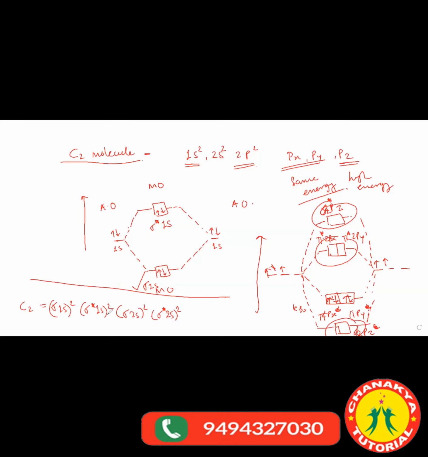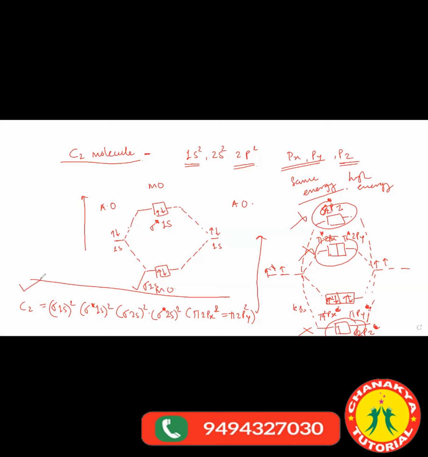How many have happened? 2 and 2, 4, 5, 6, 7, 8. 4 more remain. Those will go to pi 2px2 and pi 2py2. Up to this only is your electronic configuration, because the others do not contain any electron. So this would be the electronic configuration for your carbon.